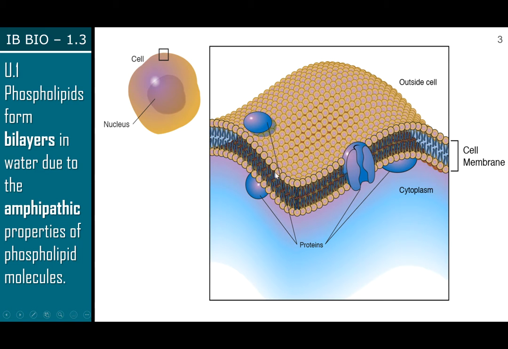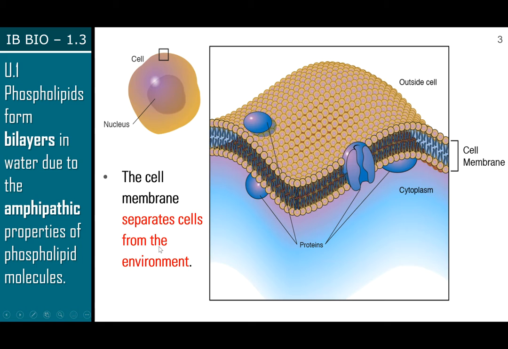We have one layer of lipids on the top with the glycerol heads pointing up, and one layer on the bottom. And together, that's the phospholipid bilayer. So if you are asked to draw a diagram, this is a good representation. Make sure you're including the glycerol heads and the fatty acid tails. And we're going to spend lots of time talking about the different membrane proteins.